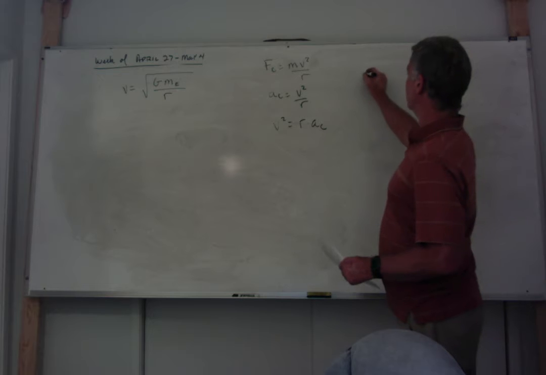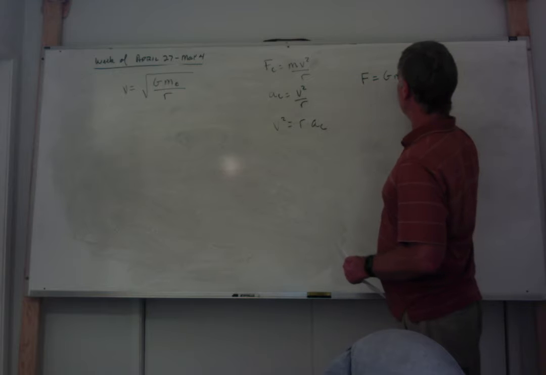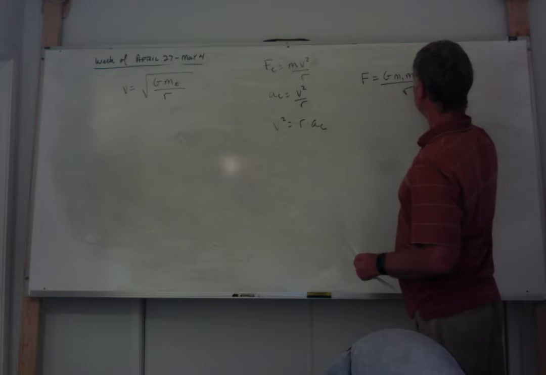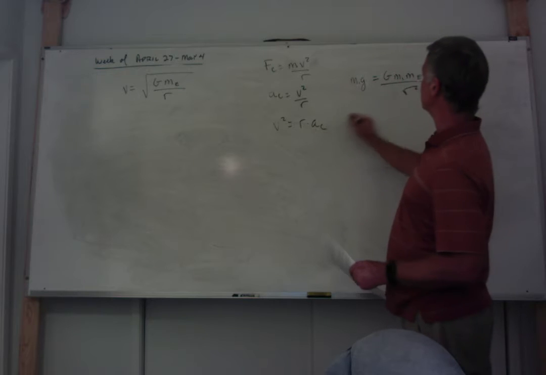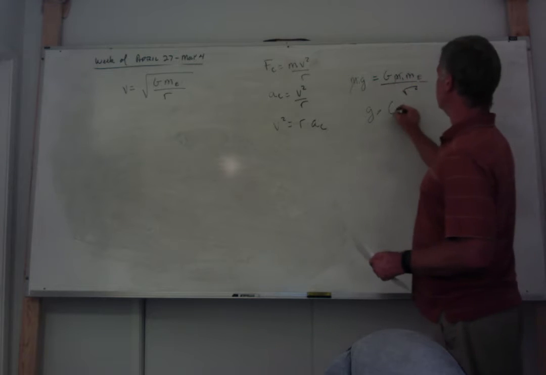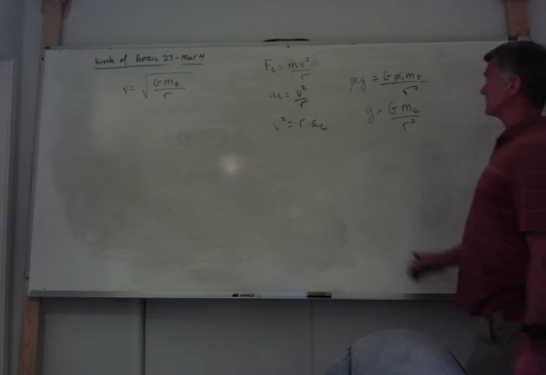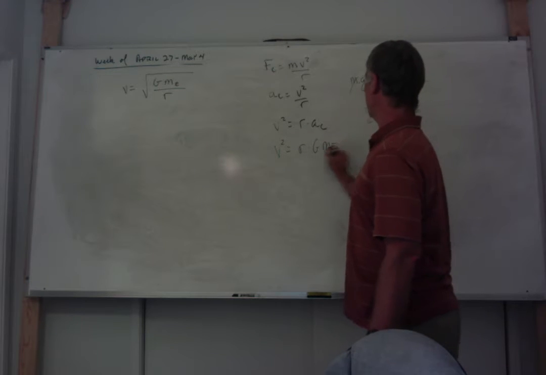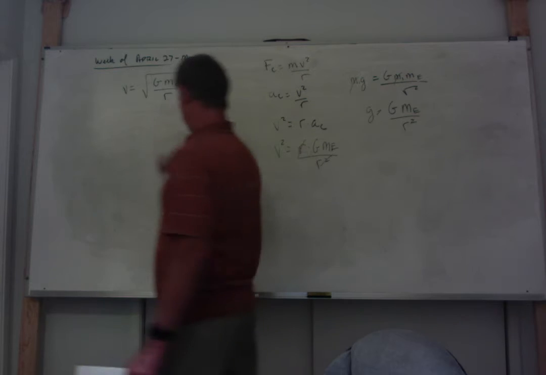But that centripetal acceleration in this equation, which is G times m1, m2 over r squared, or in this case, let's say mass of the Earth, this is m1 times G, and g is that centripetal acceleration. So g is equal to that. So if I put this in, v squared is equal to r times G Me over r squared. Cancel it, and you can see if I take the square root, I get to here.